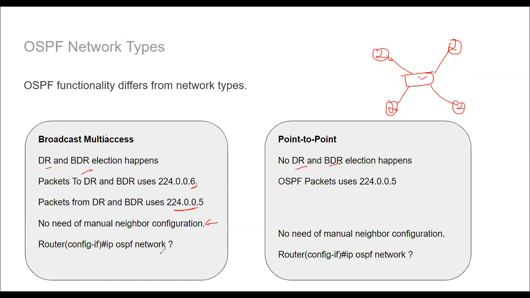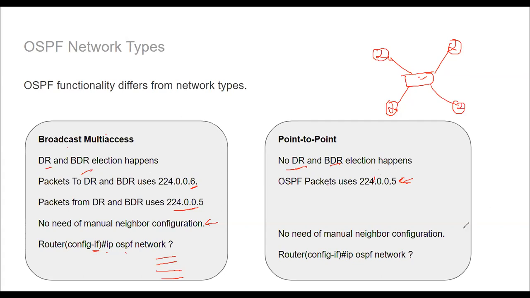The command to change a network to broadcast or point-to-point is, inside the interface, type ip ospf network, put a question mark, and you'll see all four options. This is an interface command. In a point-to-point network, OSPF packets use 224.0.0.5. As no DR or BDR election happens, there won't be any 224.0.0.6 packet here.